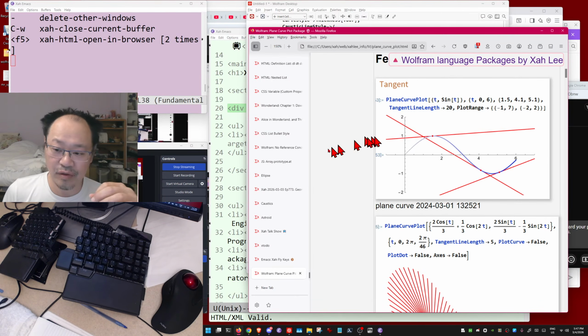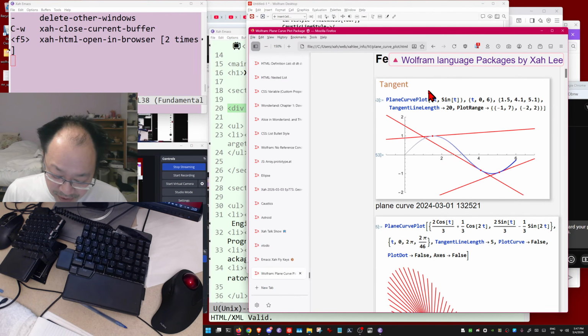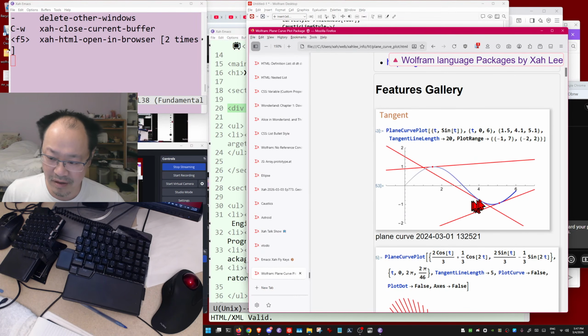So all you have to do is find the tangent first, then draw a line perpendicular to the tangent passing through that point. For this tangent line, the normal would be that. The normal of the curve at that point would be something like that, and that here and that here. Those are normal lines.